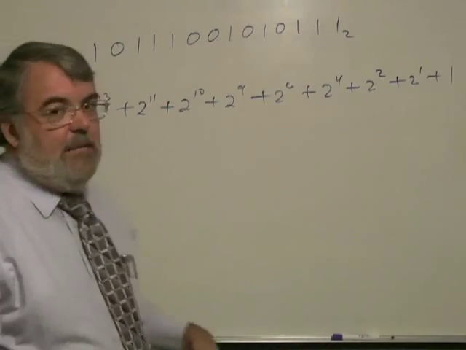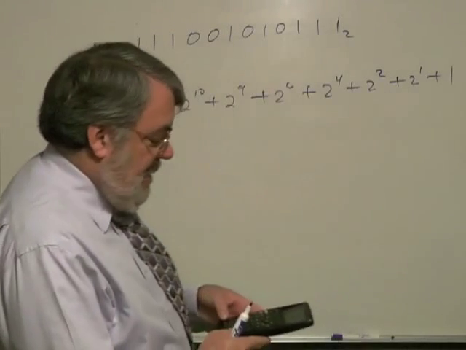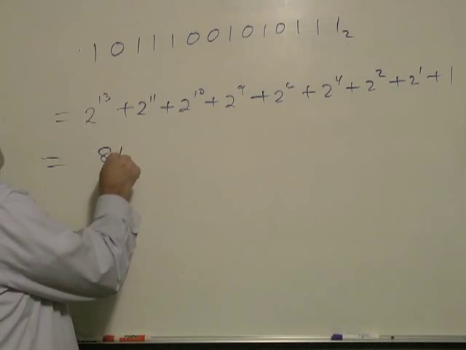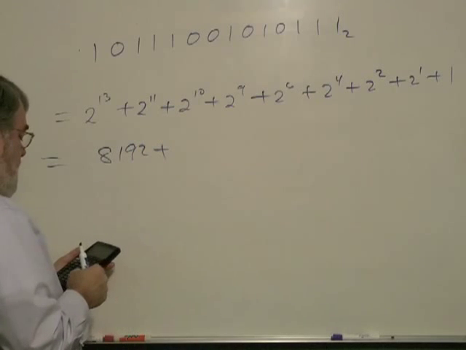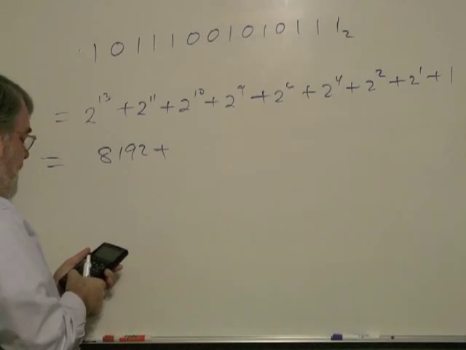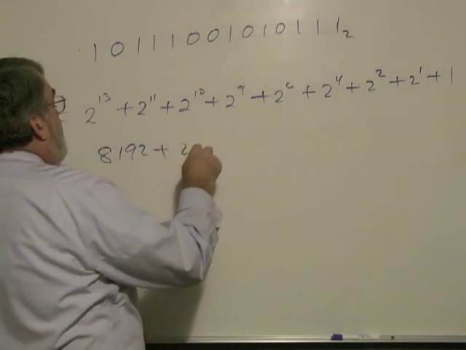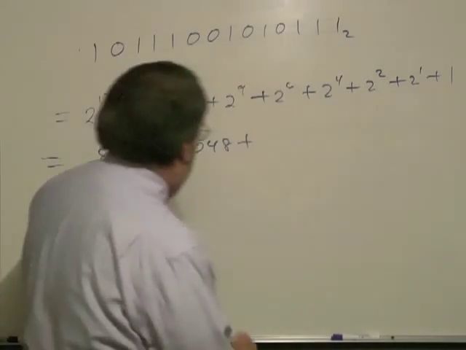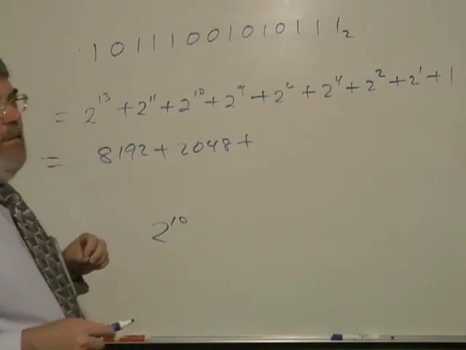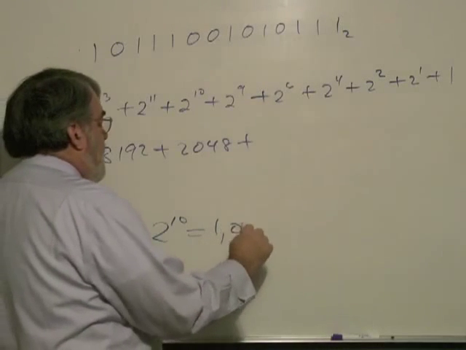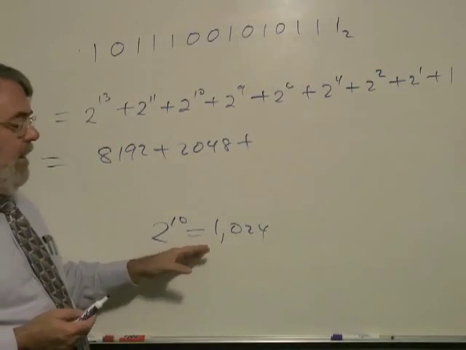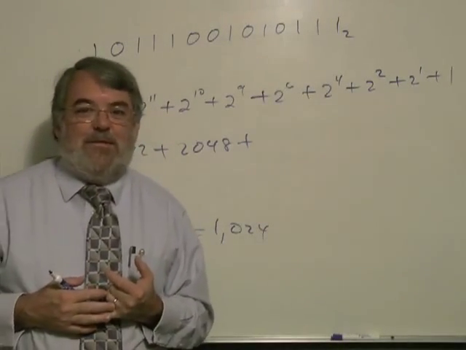So we would have to add up all those numbers, and 2 raised to the 13th is 8,192, plus 2 raised to the 11th, I think is 2,048, 2 to the 10th. By the way, 2 to the 10th is kind of a special number. It's 1,024, because it's close to our common value 1,000, you see 2 to the 10th show up all over the place.